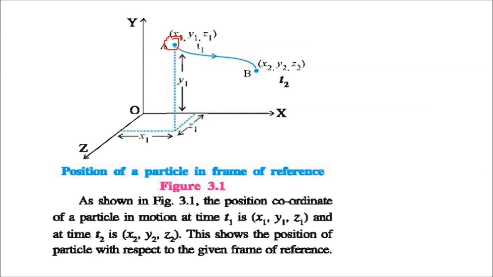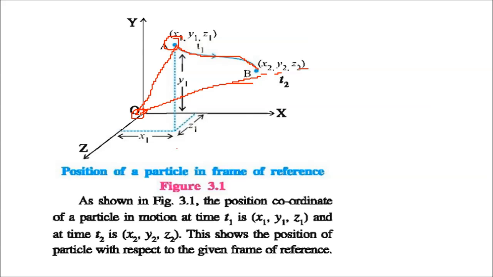So here is an idea. You were here, at X1, Y1, Z1 at this point. Now at T1, you reached here, meaning you followed some path, and at point B, at X2, Y2, Z2, that is the X distance, Y distance, Z distance from the coordinate system origin, you are here. So this is from origin and this is again from origin, right?